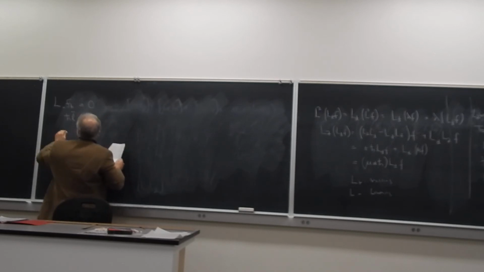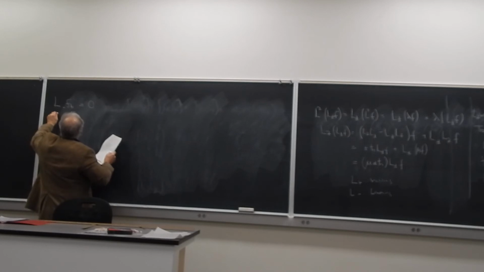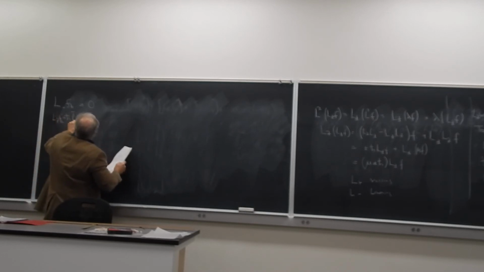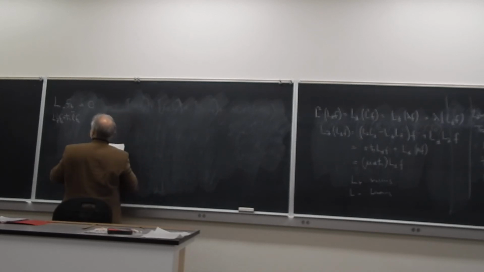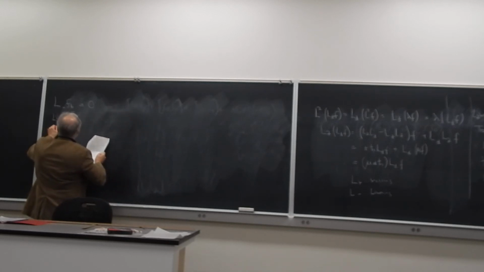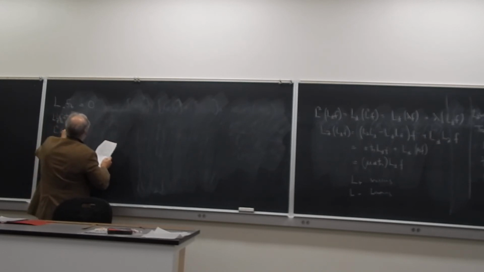So if I apply Lz to f sub b, I will get h bar L bar times f sub b. Moreover, if I apply L squared to f sub b, I'll get, again, lambda f sub b.